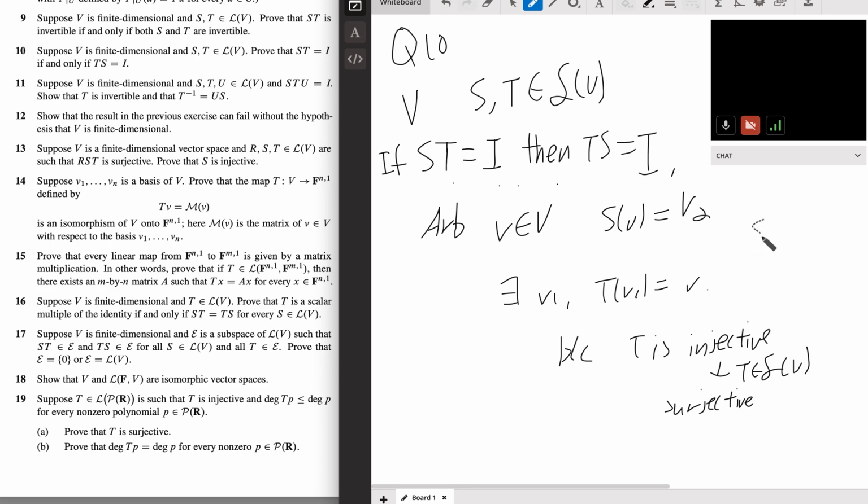Then you know that S composed with T is equal to V2. That must in fact mean V is equal to V2 by definition of the identity, right?